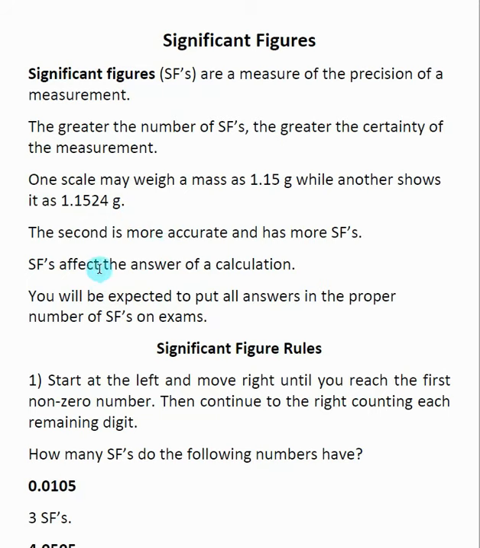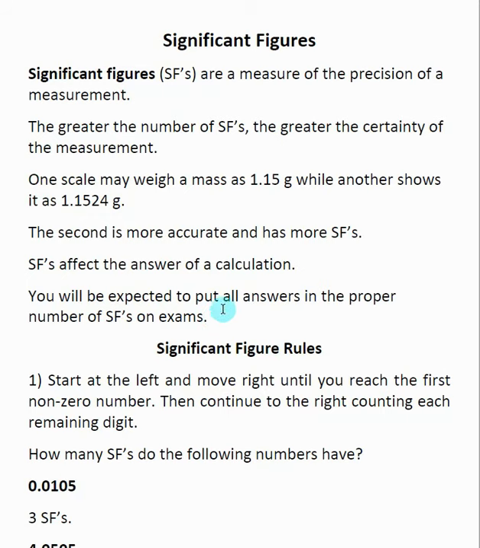So significant figures affect your answer, and there's going to be some rules that we're going to discuss in order to do that. And the hard part here is that, depending on who your teacher is, different professors have a different level of want in terms of the number of sig figs on an exam. But to be safe, you should probably put the proper number of significant figures on every answer on every exam till you're done with general chemistry.